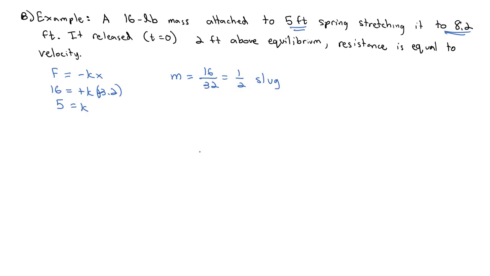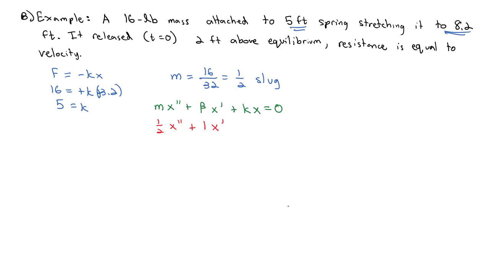Then we can think about our differential equation, that the mass times the second derivative plus b times the first derivative plus our constant times x is equal to 0. Plugging in what we know then, the mass is 1/2 of a slug times x double prime, plus beta is, if the resistance is equal to the velocity, beta is going to be equal to 1, times x prime.